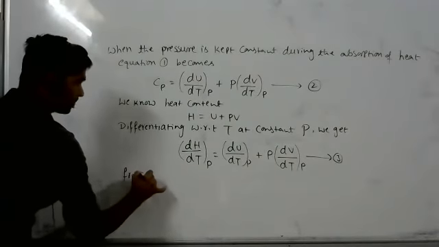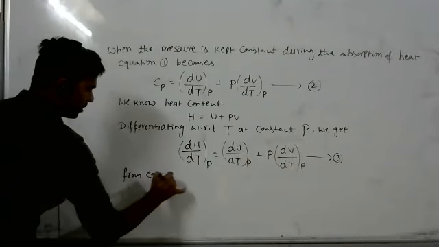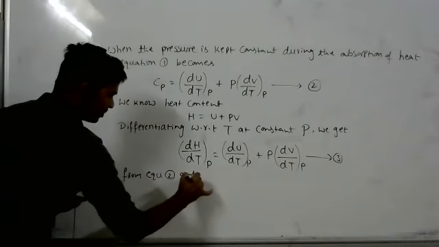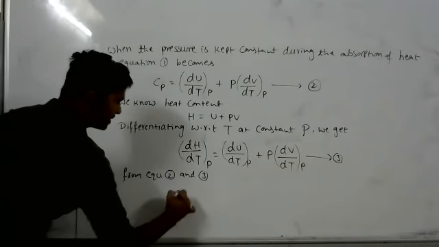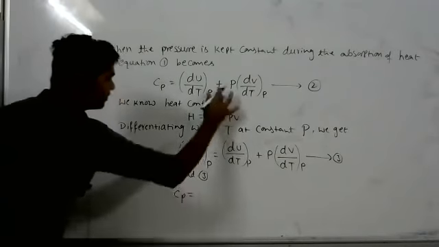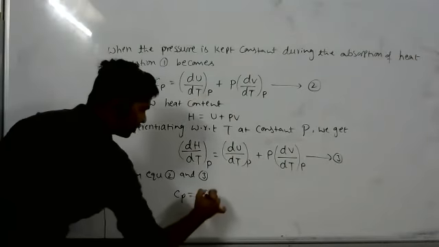From equation 2 and 3, we may write Cp is equal to, so instead of this term, we may write dH by dt.